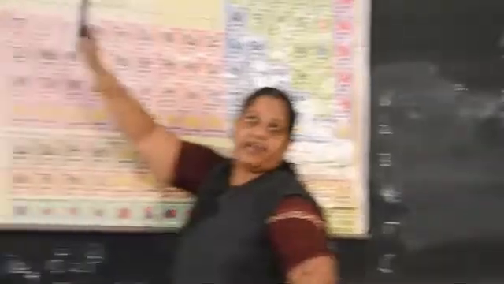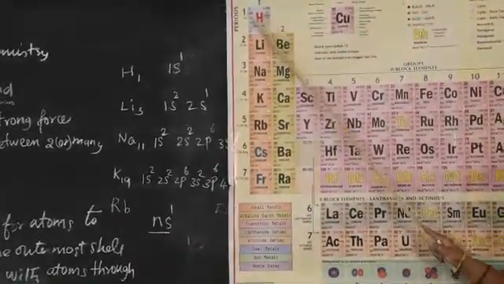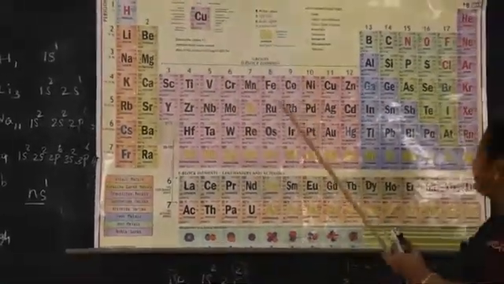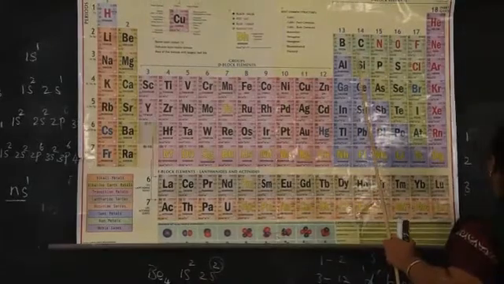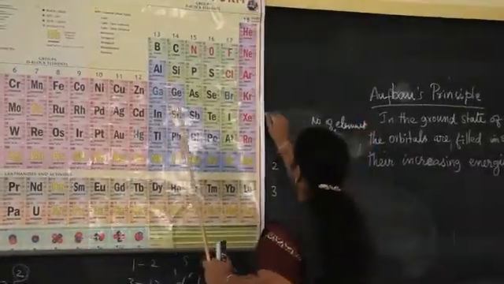What is a period? When we move from left to right. When we move from left to right, how many elements are there? In the first period, only 2 elements.